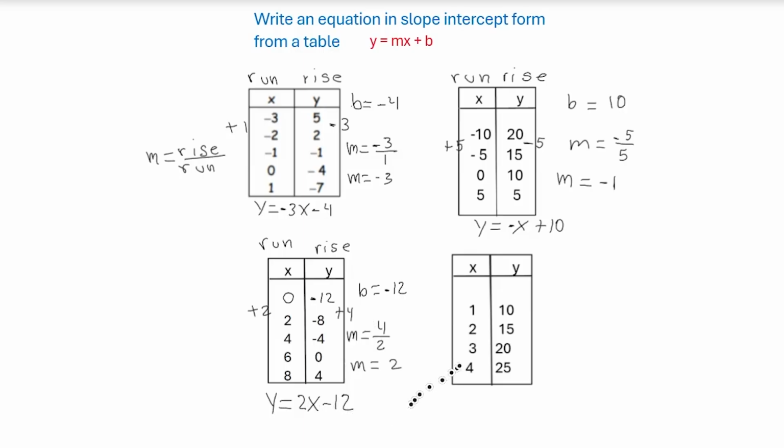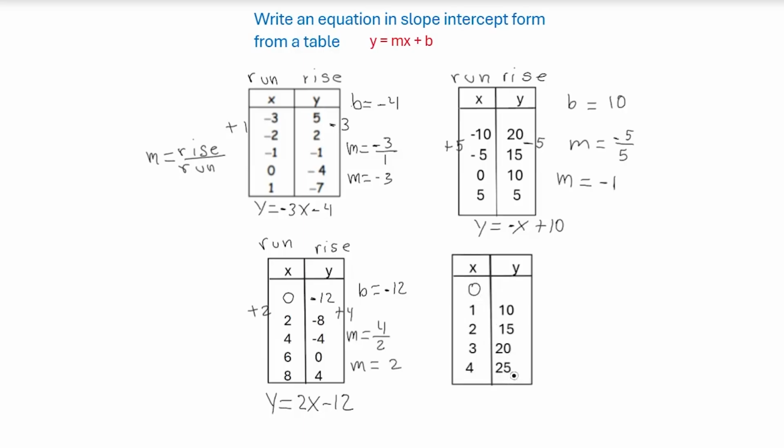Okay, so let me do the last one, and then that will be it. Because remember, not all the time is it going to be as easy as just looking at the table and finding where x equals 0. Sometimes you need to find it. So now I need to find the value where x equals 0. So one more time, I don't see it. So in this case, I'm going to go up. You can see the order: 4, 3, 2, 1, that'll be 0.